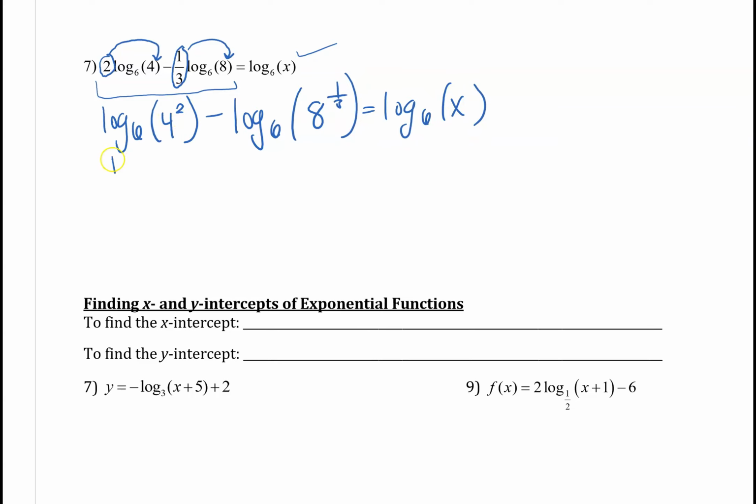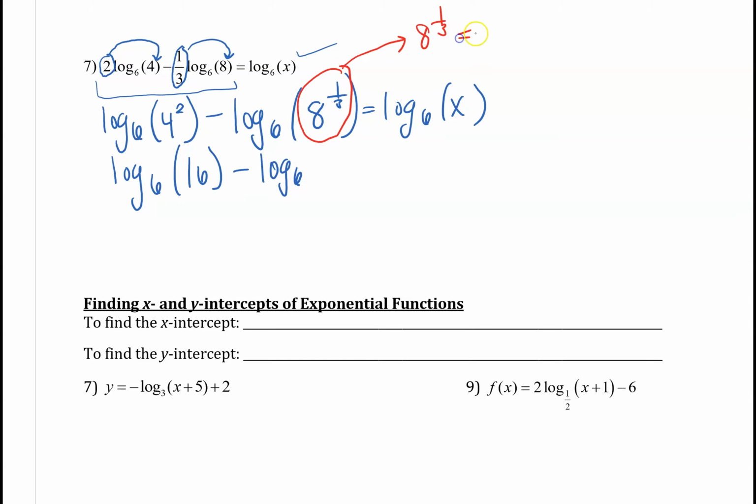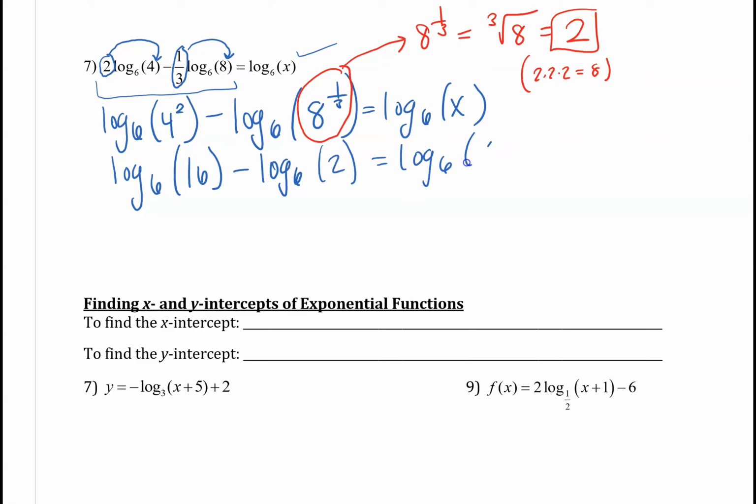Then I'll simplify those a little bit. 4 squared is 16. Do you guys remember what 8 to the 1/3 is? It's the same thing as the cube root of 8, which would be 2, because 2 times 2 times 2 equals 8. So then I get 2 here.